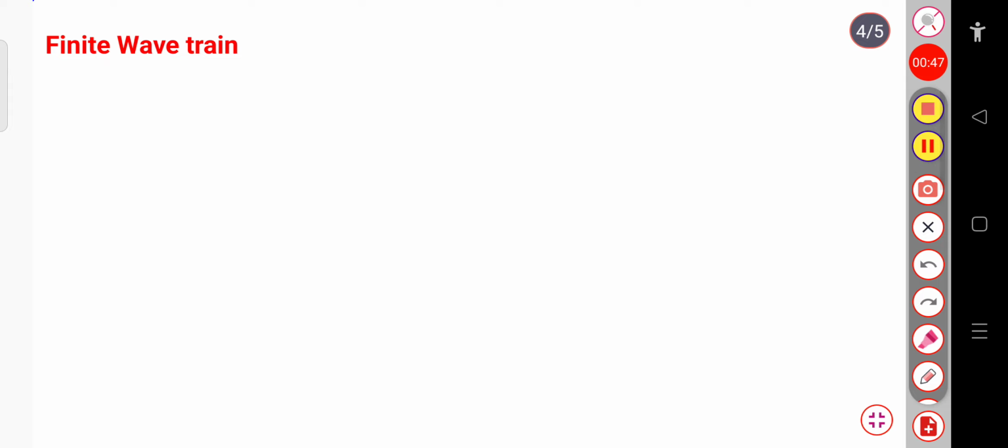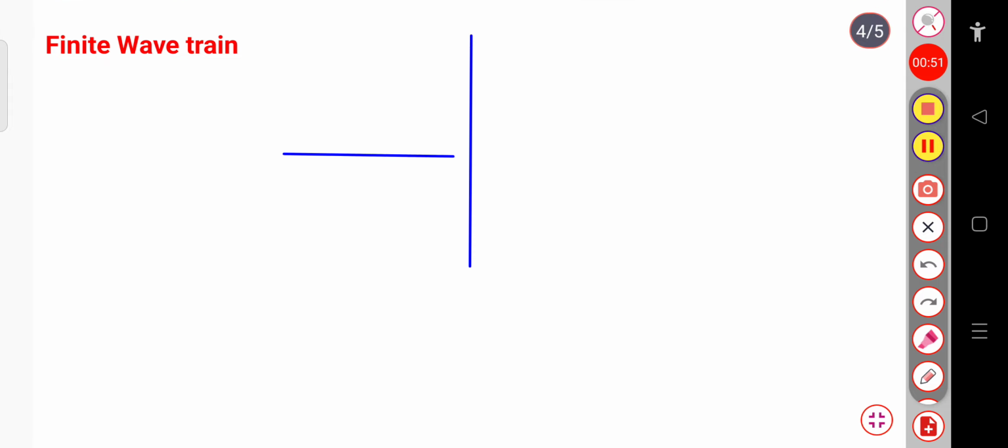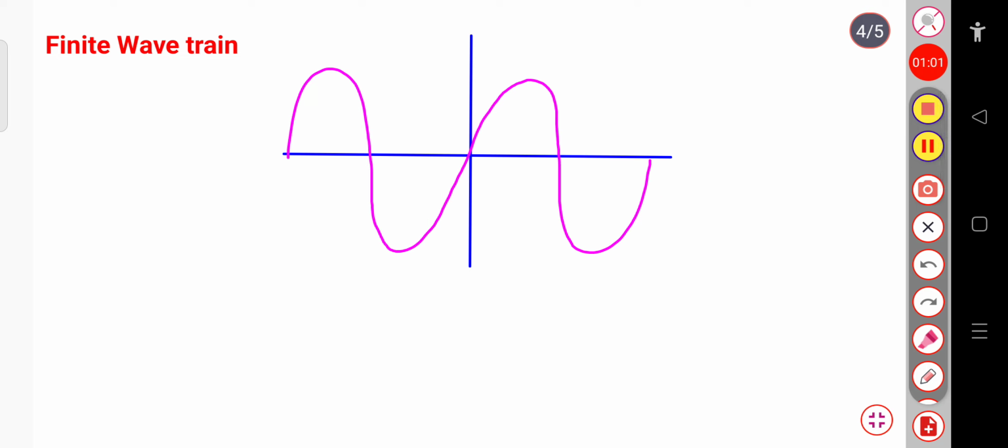So let us consider, suppose a function is given. This is a sinusoidal function somehow like this, and it represents the time coordinate. And this is, suppose, any function of t.